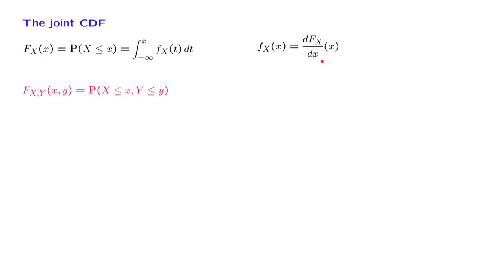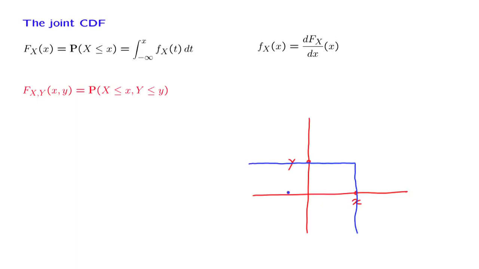We can define the joint CDF as the probability that X and Y, the pair (X, Y), takes values that are below certain numbers, little x and little y. So we are talking about the probability of the blue set in this diagram.